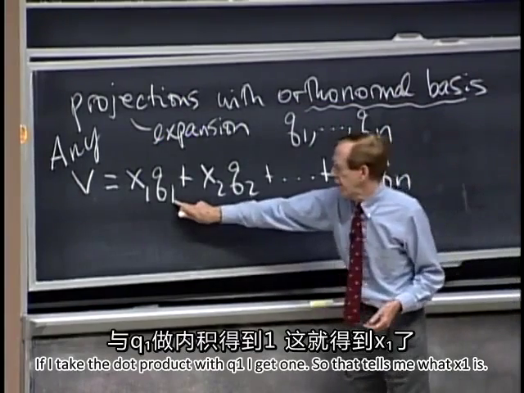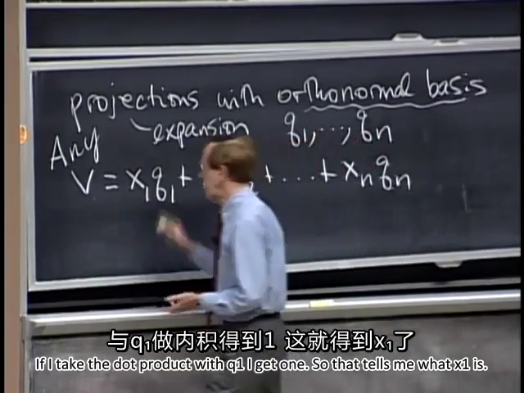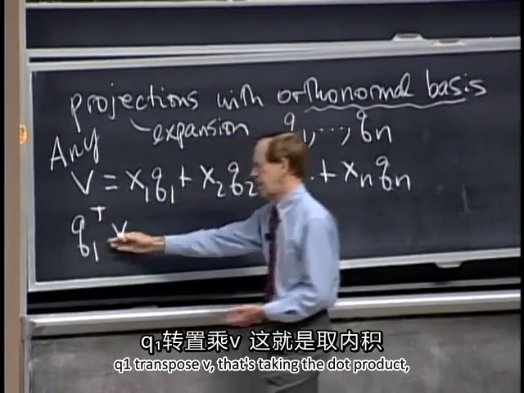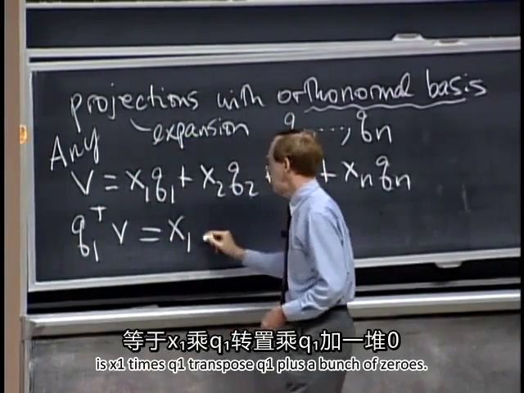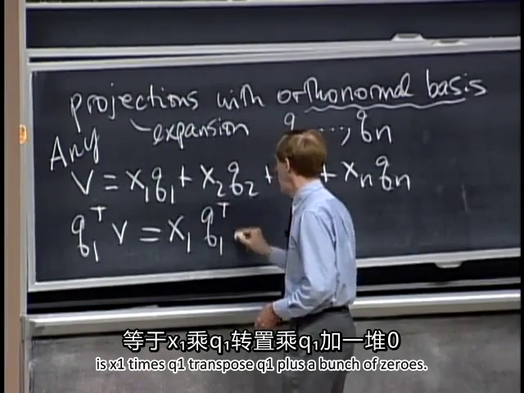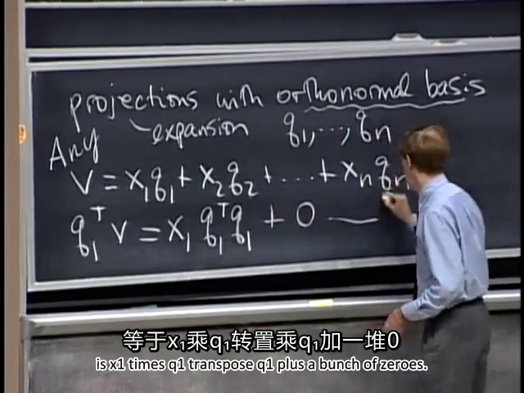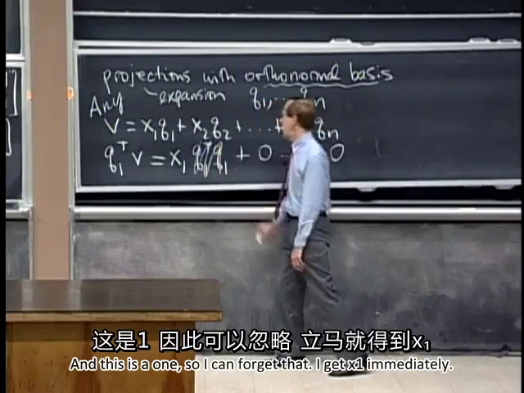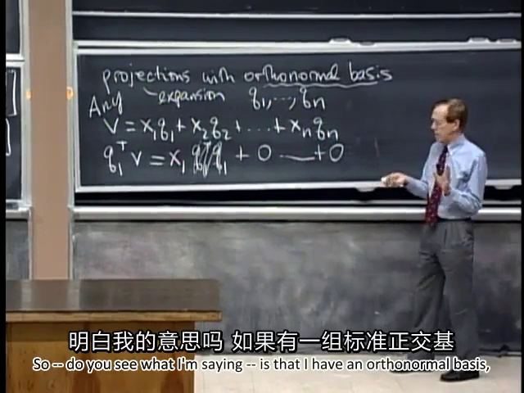If I take the dot product with q1, I get 1. So that tells me what x1 is. q1 transpose v, that's taking the dot product, is x1 times q1 transpose q1 plus a bunch of zeros. And this is a 1, so I can forget that. I get x1 immediately.